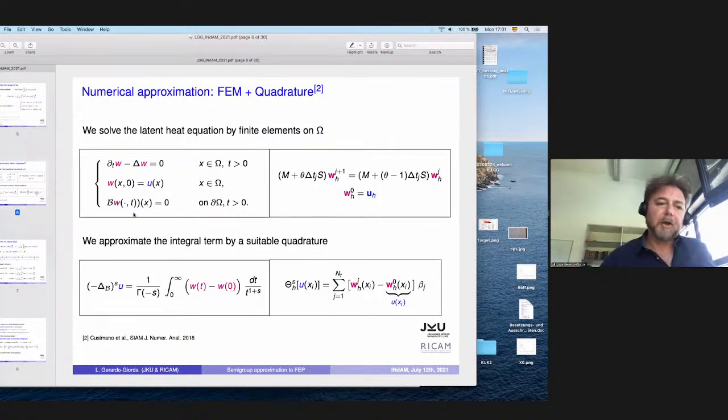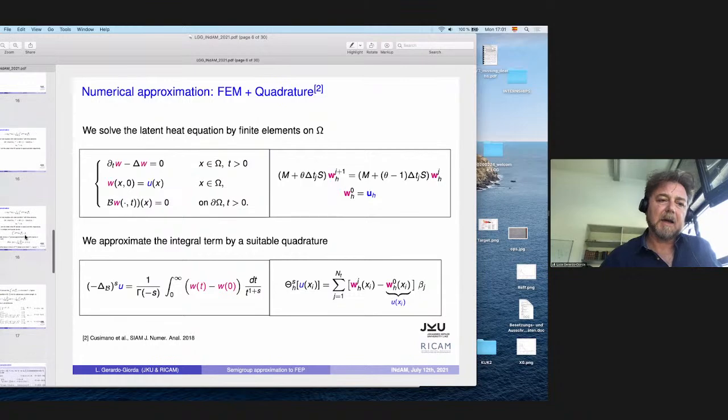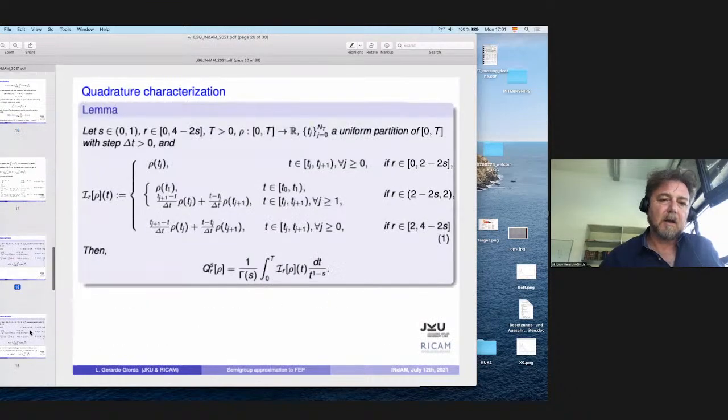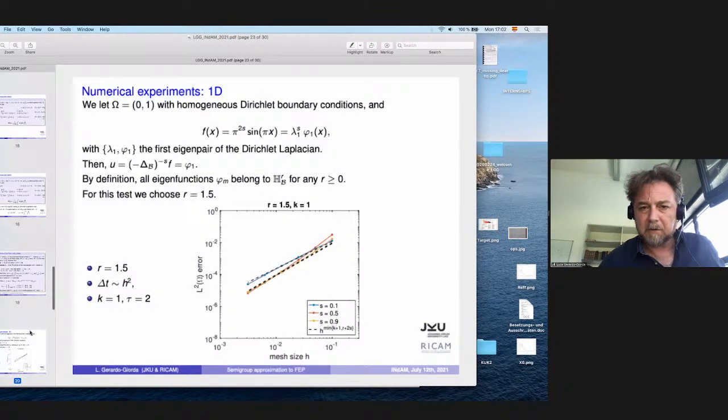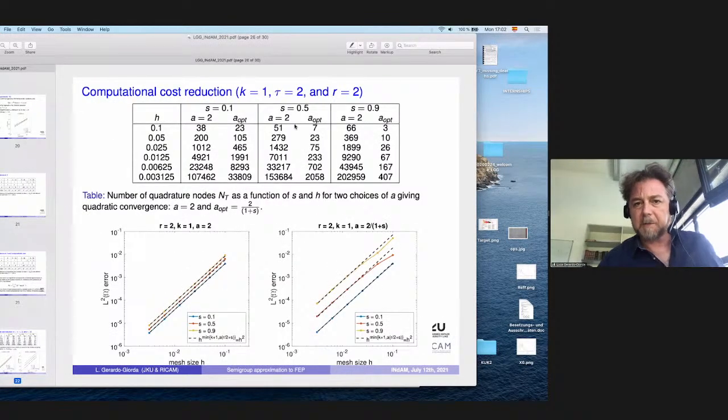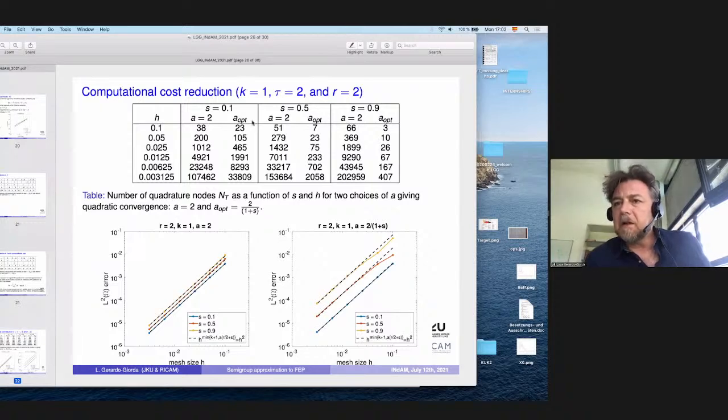But then the choice of A was somehow given here in this table. Actually, this is the A opt that appears to be the best one. So it's 2 divided by 1 plus S. So if we take delta T, which is H to the 2 divided by 1 plus S, then you get good properties in terms of computational cost reduction.